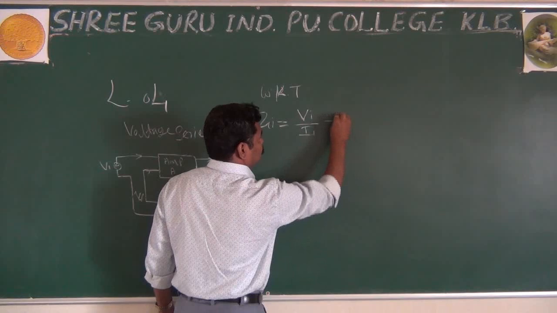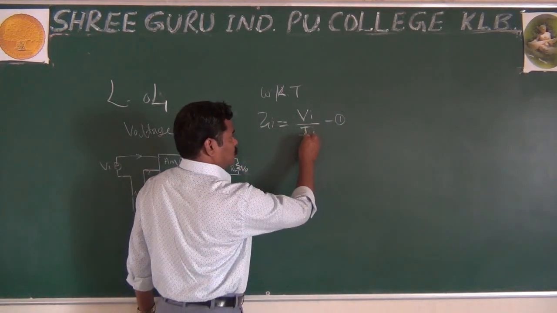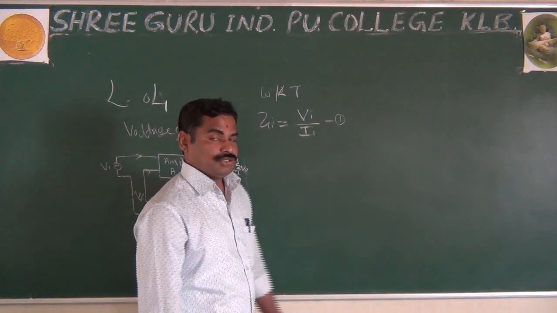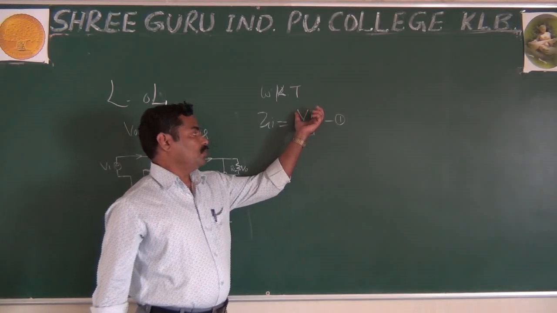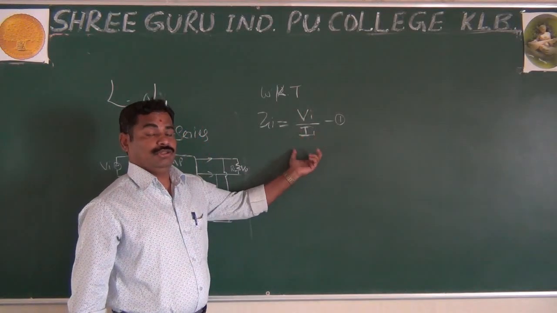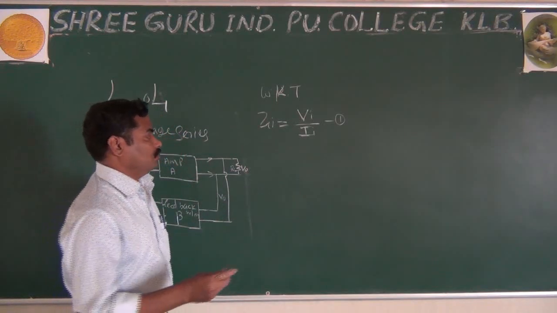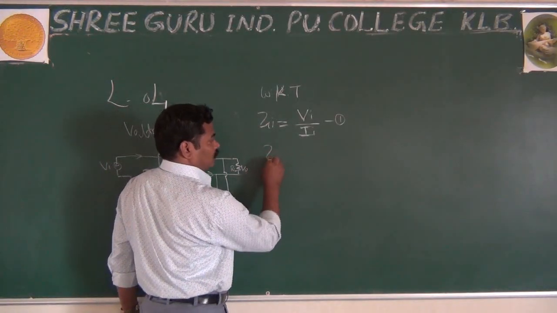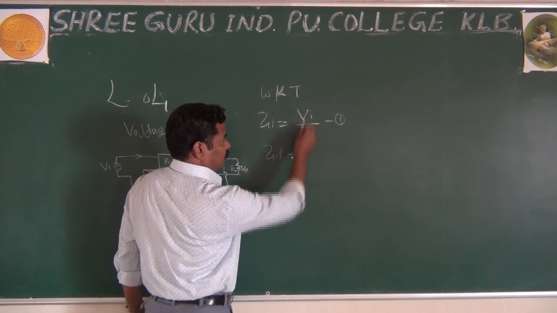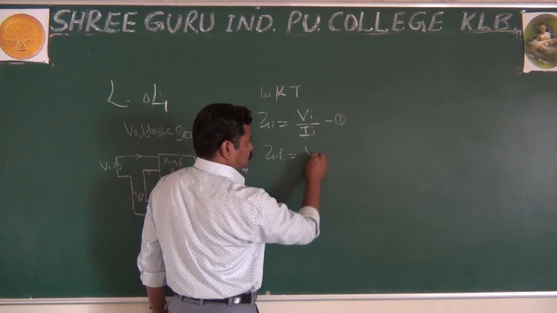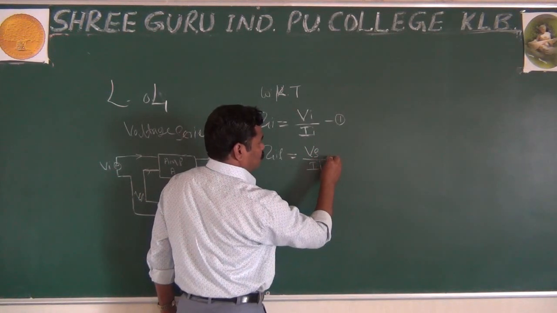Equation number 1. The input impedance is the ratio of input voltage to input current, that is without feedback. Now with feedback, in place of Vi you can write Vs, so Zif equals Vs by Ii. This is equation number 2.